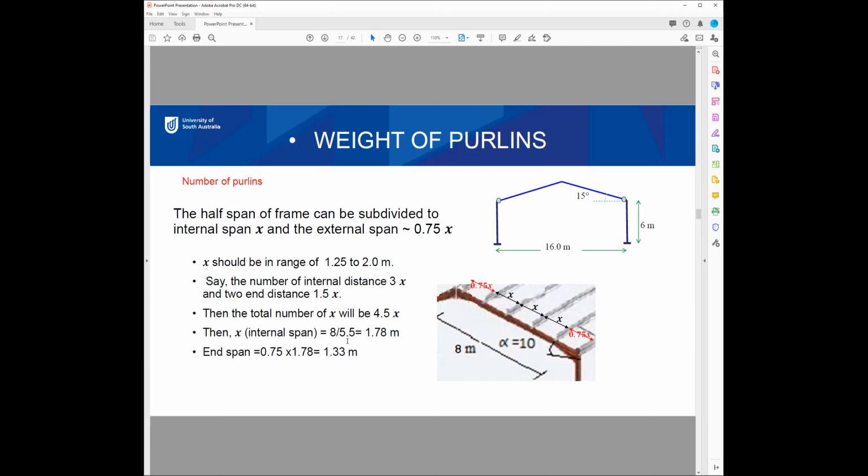He said that the total number of x will be 4.5, and then in the equation he said 8 divided by 5.5, which is a typo. And even on the graph, you have only 3x, like 3 internal spacing and 2 at the ends. So that is just a typing error.